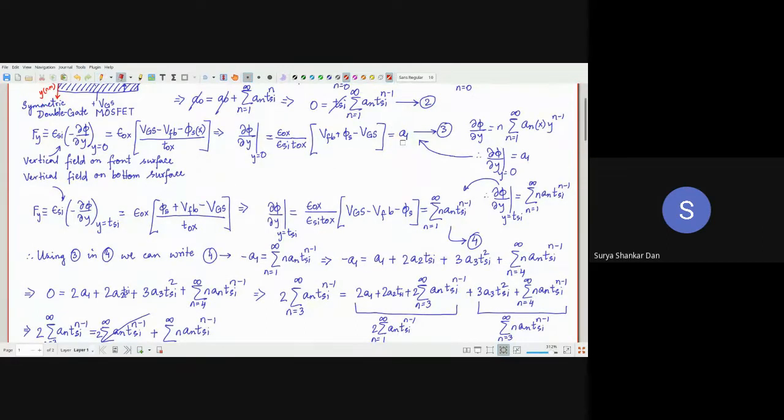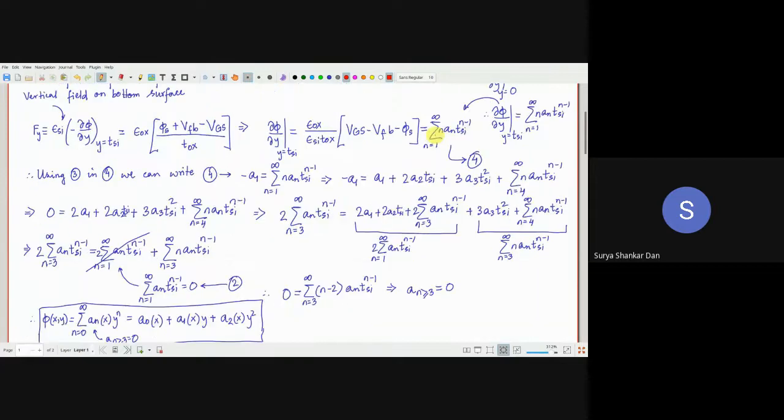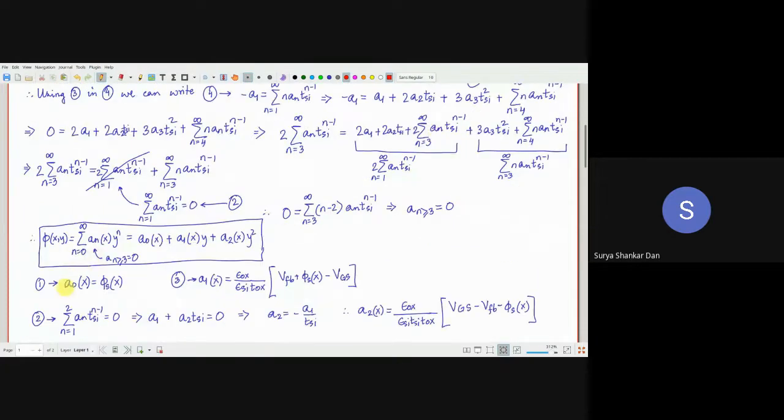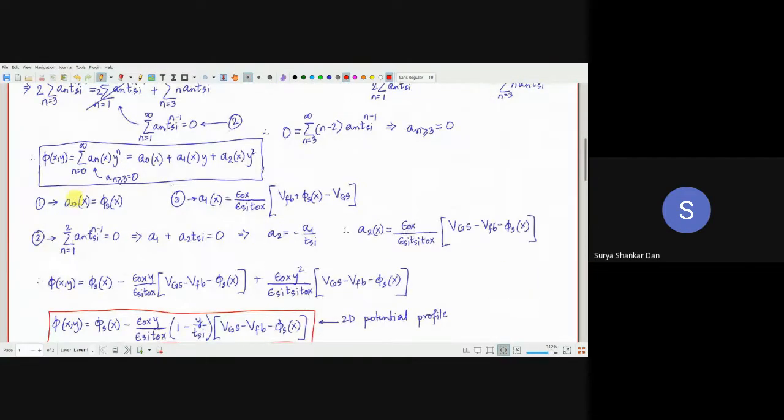That was equation number 3. So equations 1 and 3 already provide us two relations: a0 equal to phi s, and a1 equal to this term. The only x dependent term over here is phi s, the surface potential. Remember, I told you always that I will focus on the surface potential based modeling in this course because that is the current standard.